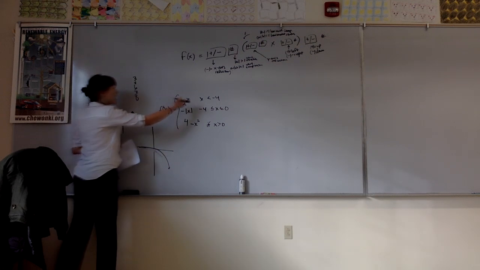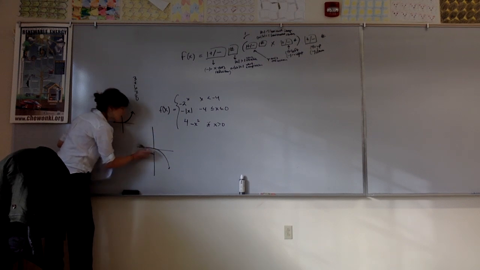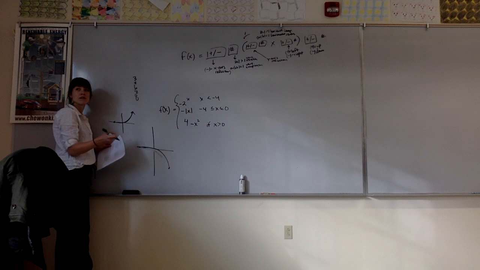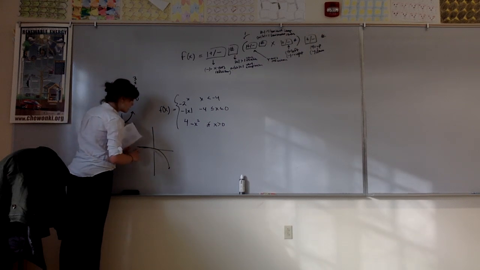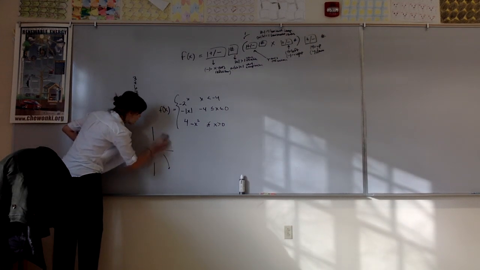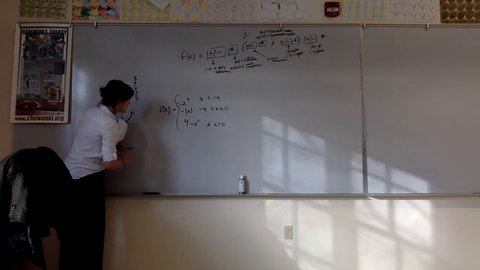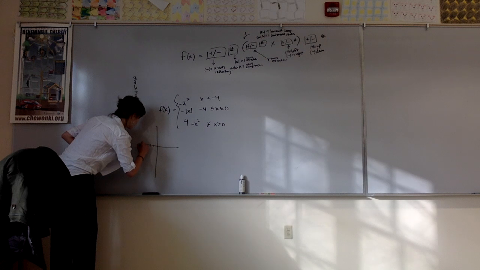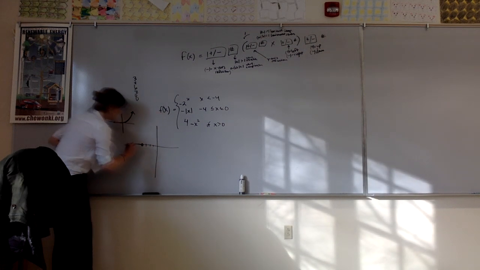So if x is less than -4, what is the value for y? It just stays on 0. So I'm going to draw an open circle at x equals -4, 1, 2, 3, 4, with an arrow to the left.